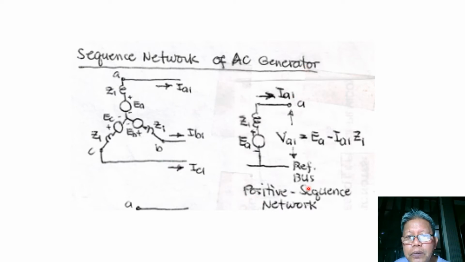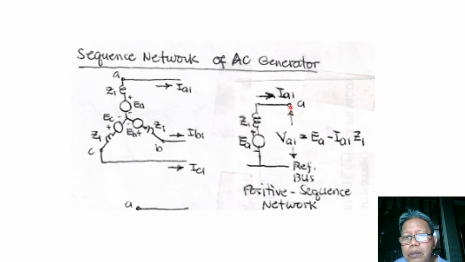For the positive sequence network of our AC generator, we draw the three-phase representation of our generator, where we have phase A, phase B, and phase C. On a per phase analysis, we consider only one phase, so we have E sub A in series with its positive sequence impedance Z sub 1, where Z sub 1, we remember, could be XD double prime, the subtransient reactance, or XD prime, or the synchronous reactance XD, depending on our analysis.